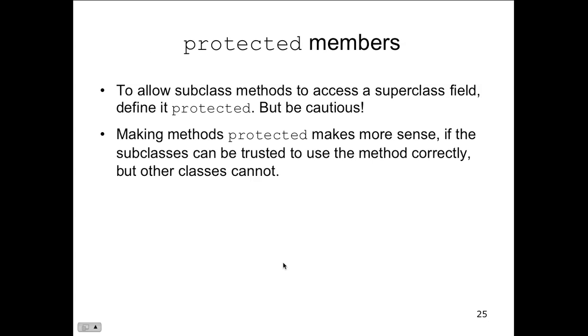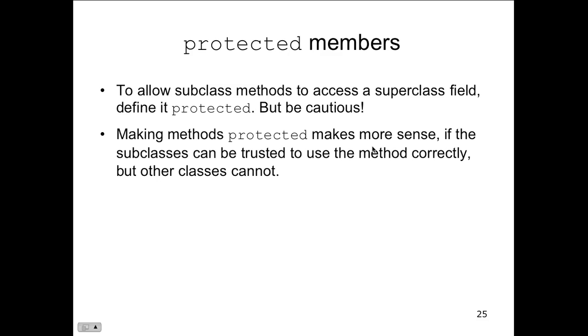So, protected members, as we've seen so far, is the formal summary of the protected access modifier, to allow subclass methods to access superclass fields defined as protected. But be cautious. Making methods protected makes more sense if the subclass can be trusted to use the method correctly, but other classes can't.